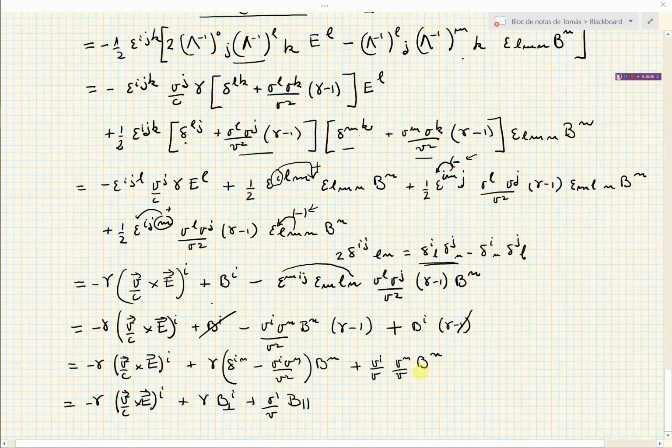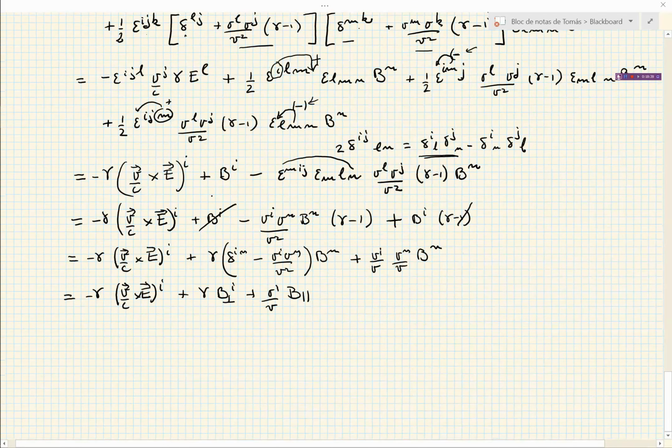Now we can decompose this into directions parallel and perpendicular to the speed, and we find that B prime parallel only stays as it is. Okay, and this is clearly perpendicular, and B prime perpendicular is gamma (B minus V divided by C vector product with E).